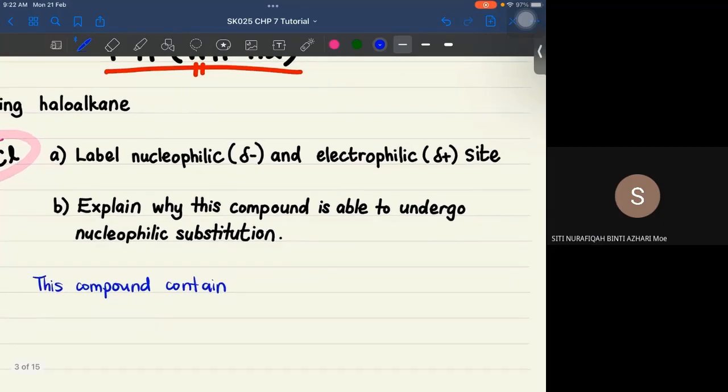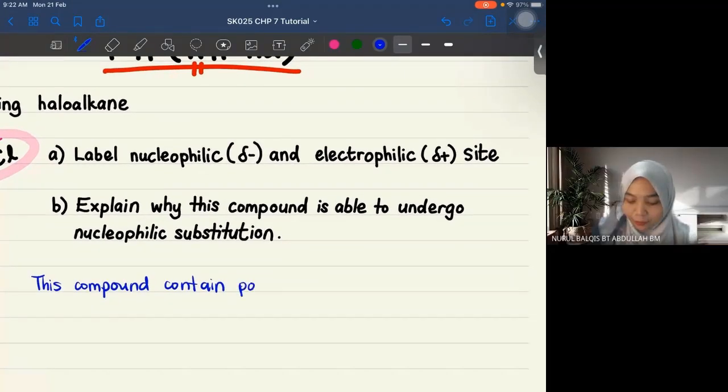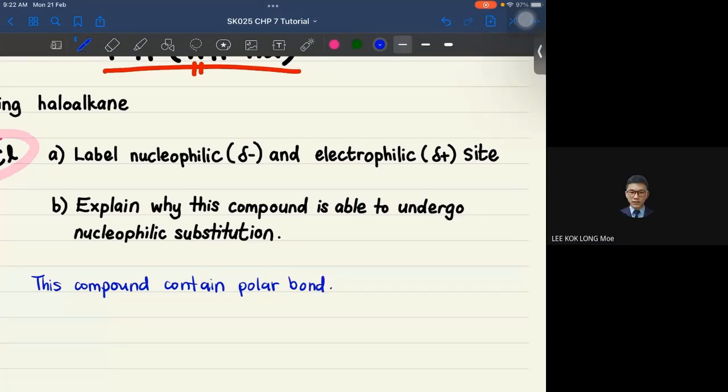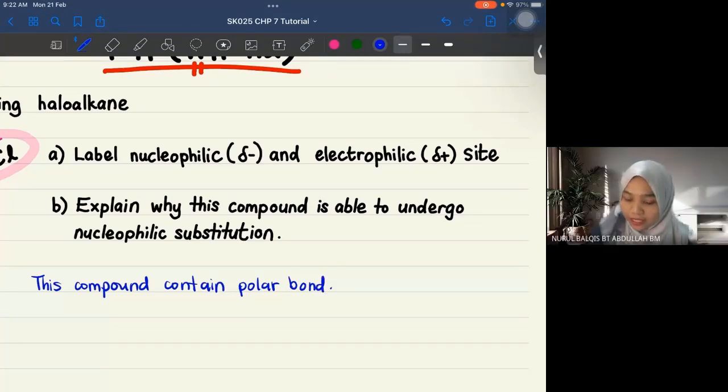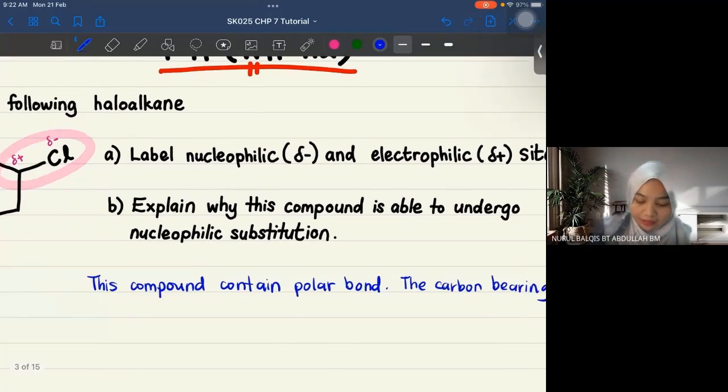Yes, contain polar bond. Dekat mana polar bond awak? Carbon and Cl. So kita boleh cakap the carbon bearing the Cl, kita emphasize lah polar bond tu adalah benda ni.